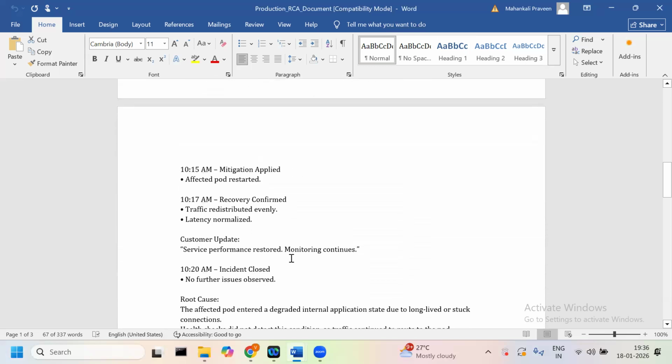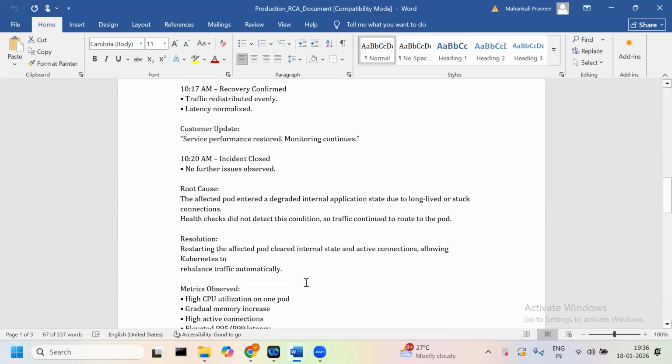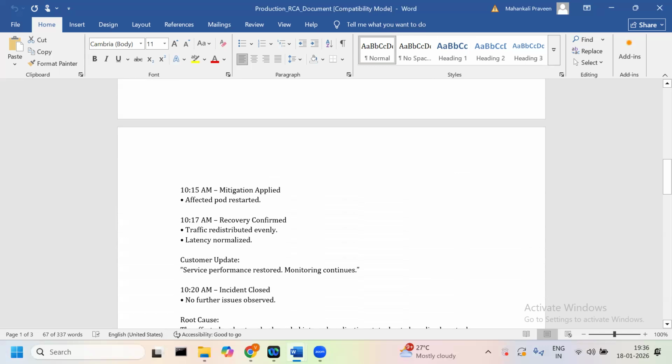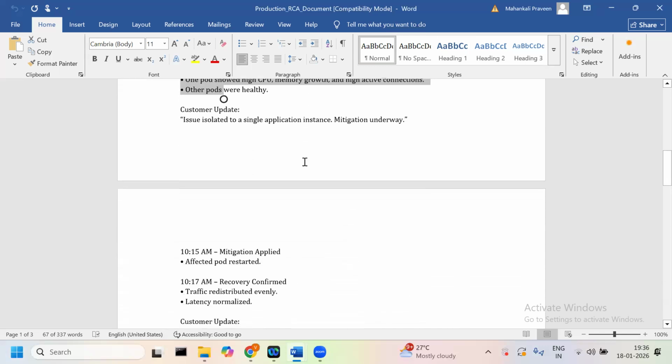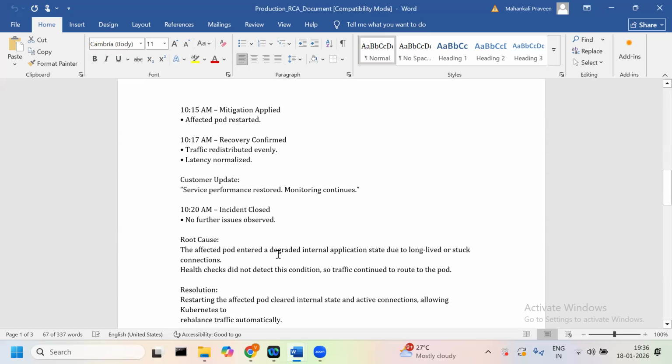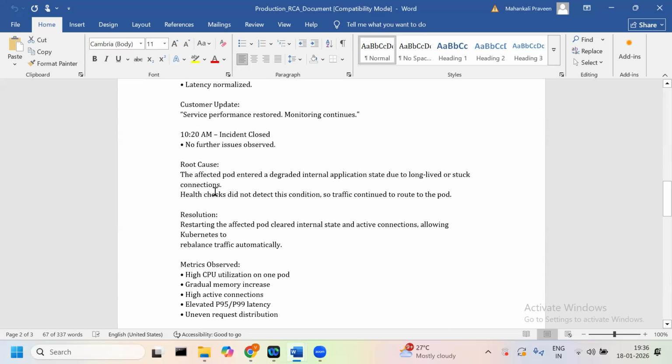When it was closed, at 10:20. In between 10:05 and 10:20, you need to explain what things you observed and how you mitigated the issue. We need to share it in the documents.